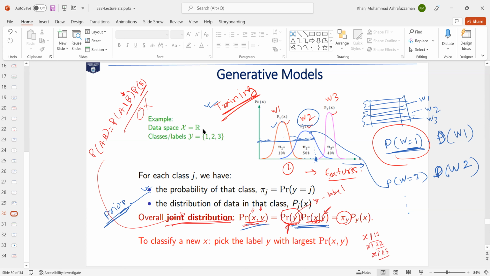But for binary cases, maybe we have two different distributions. So for two different levels, we'll try two different distributions. Then we'll have probability of 1 x, and another one will have probability of 2 x. Now does it make sense?